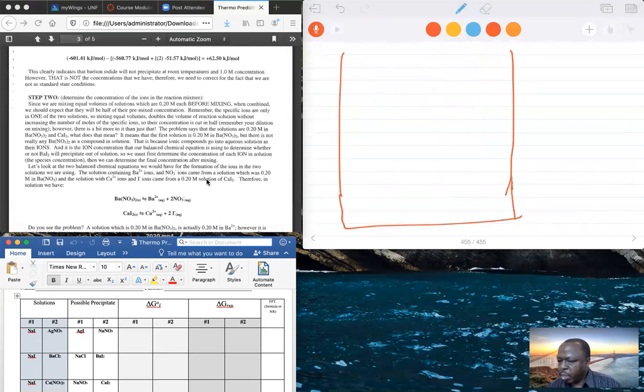In the first one, there is barium nitrate: barium, which is +2, and then nitrate, which is 3 negative, and then calcium, which is +2, and iodide, which is -1.